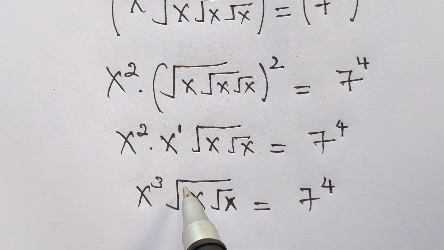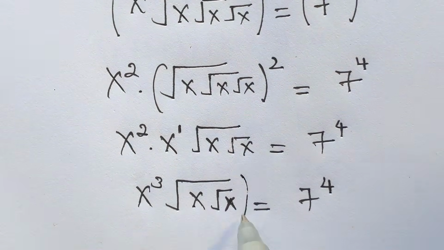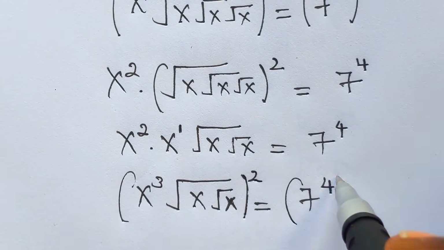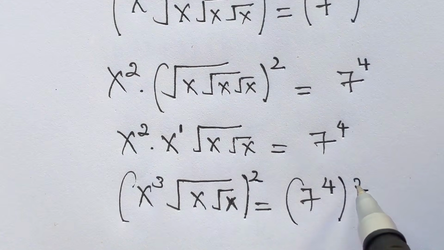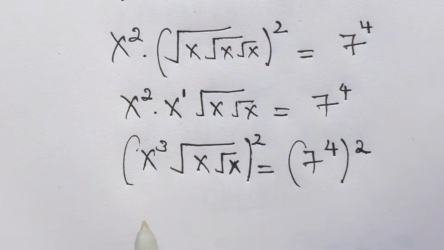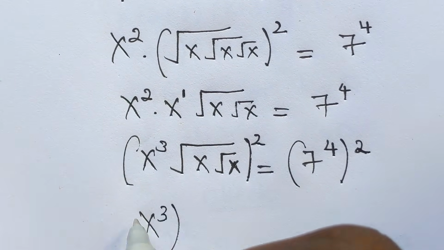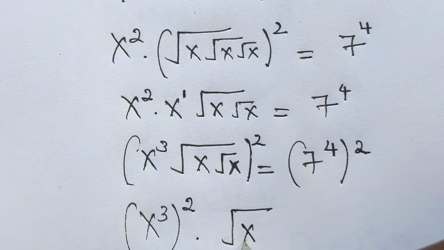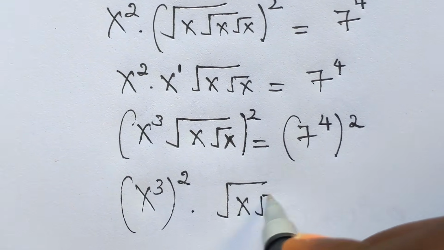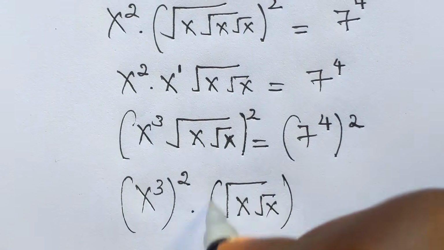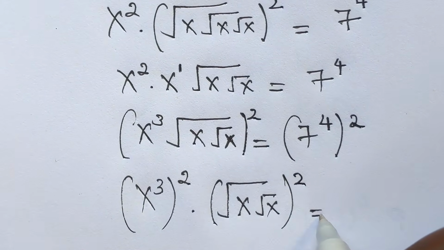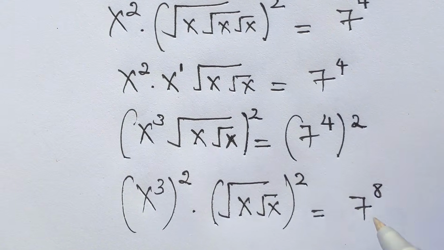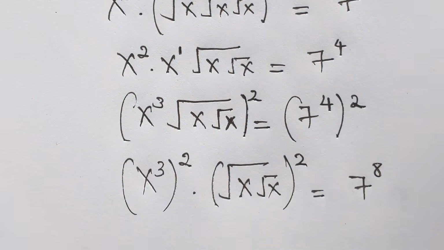And in order to remove this square root, we shall square both sides. Then we shall get x power 3 squared times the square root of x, inside right here we have the square root of x, then squared, which equals 7 power 8.